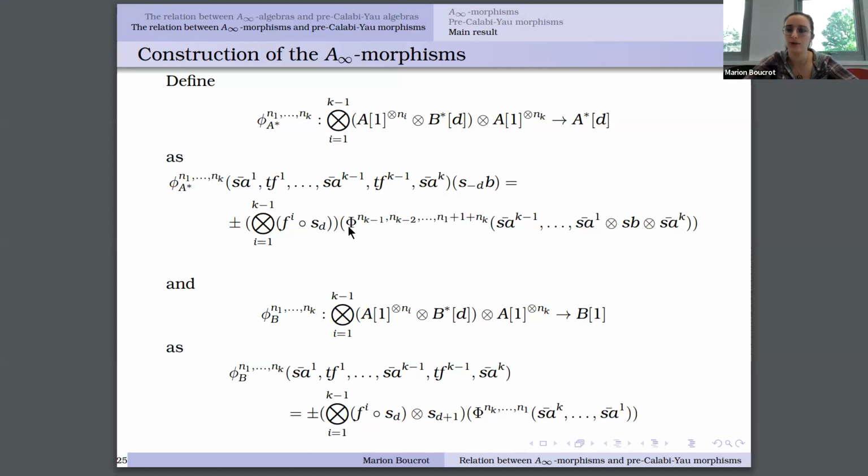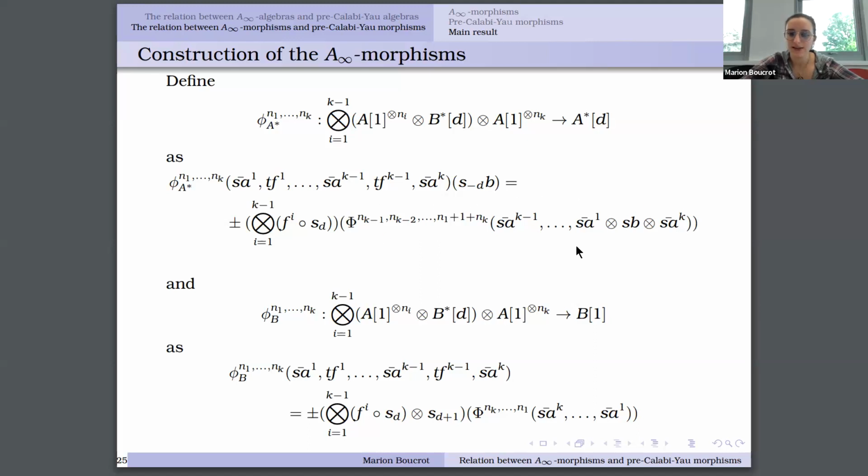So this is again the pre-Calabi-Yau morphism between A and B, which is a data for us, and we apply it to all these elements, considering now this as only one group. So here we have k minus 1 groups.